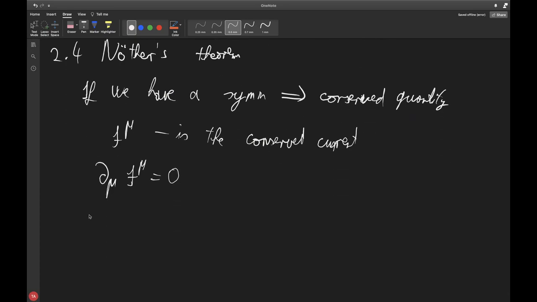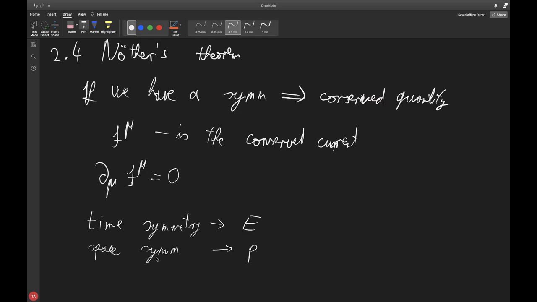The examples are that time symmetry means energy conservation. Then if we do a displacement and we get the same thing back, that's a space symmetry. That means momentum is conserved.